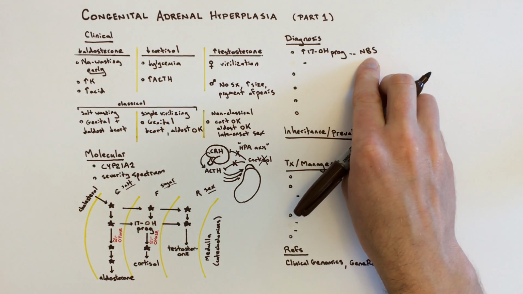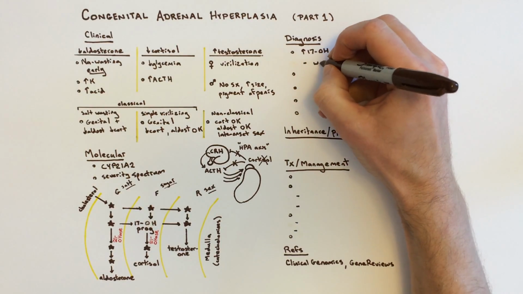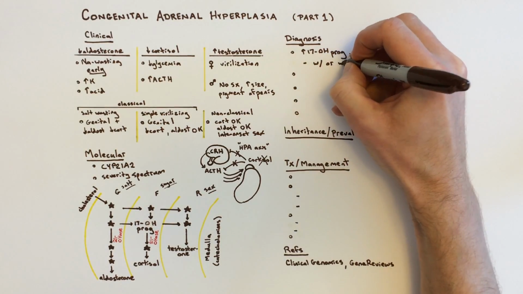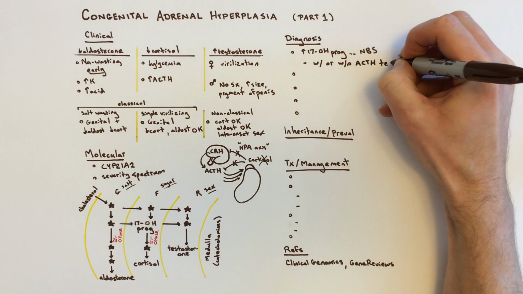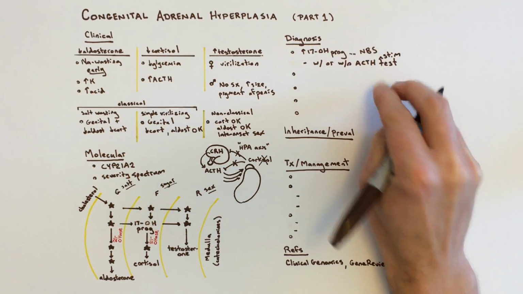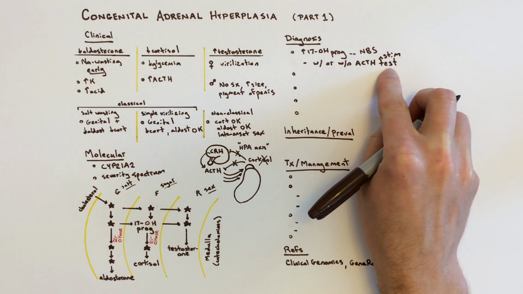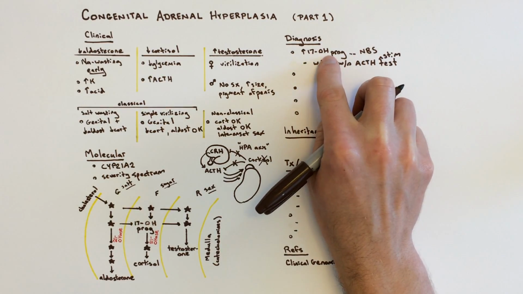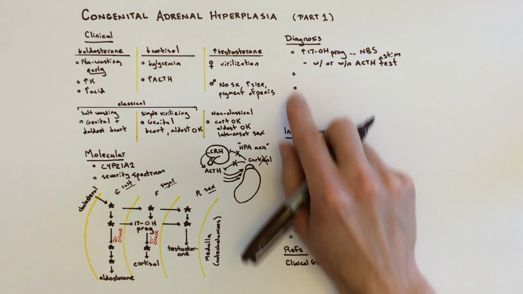You can also order it from your hospital as a specific laboratory test, and that would either be done with or without ACTH stim test before. And whether or not you give ACTH, you expect this to be high, and there's cutoff values you could look at to confirm the diagnosis of CAH.